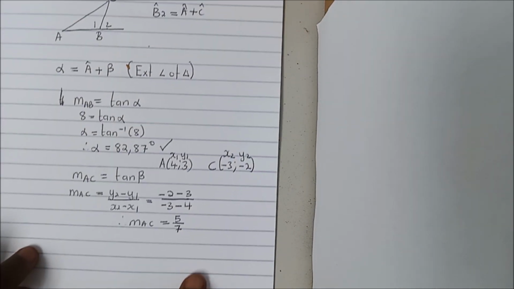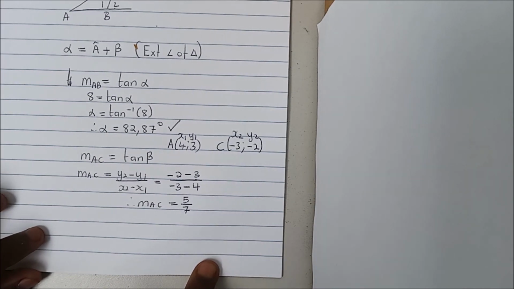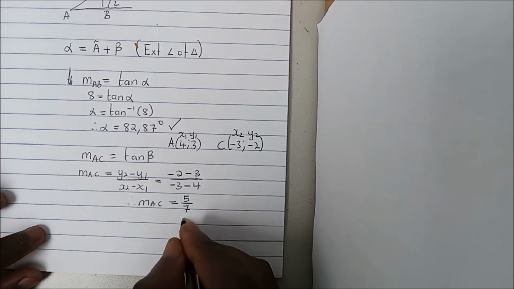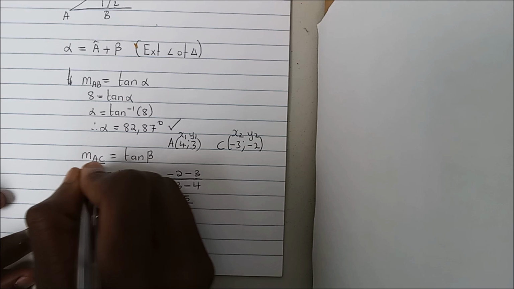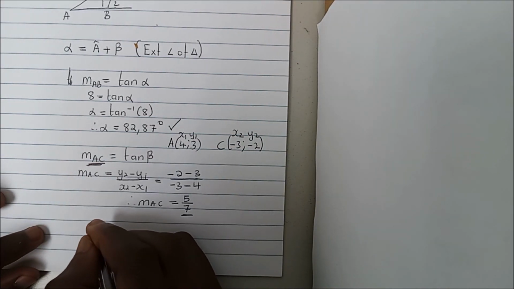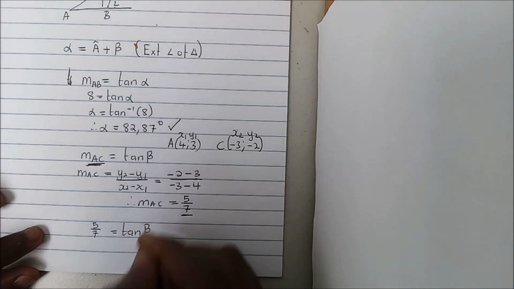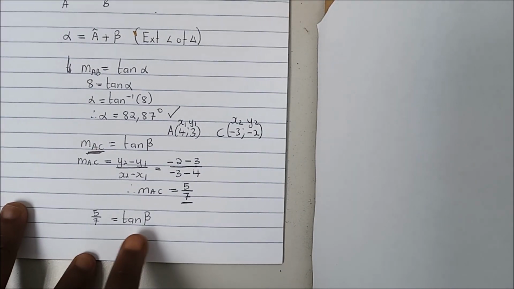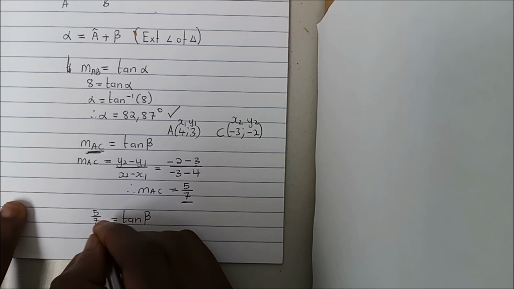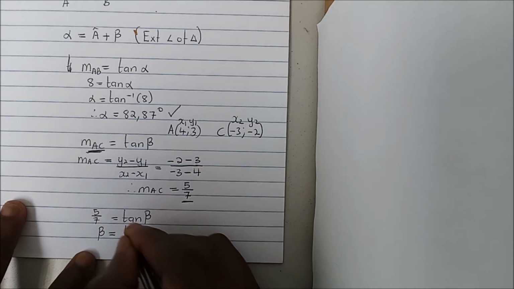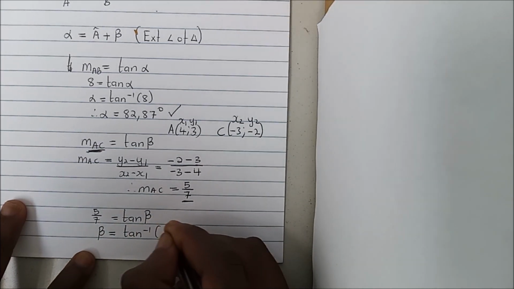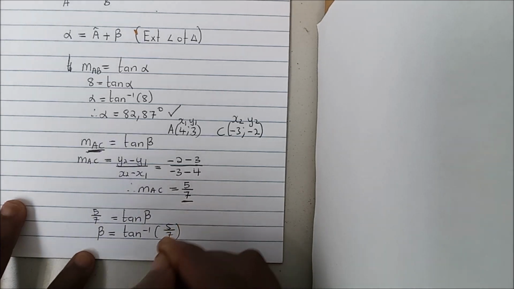So now if we have the gradient, we can find the inclination, so we just take this 5/7 and substitute it there. So we have 5/7 being equal to tan of beta. So now we can find beta. Beta will be arctan of 5/7.